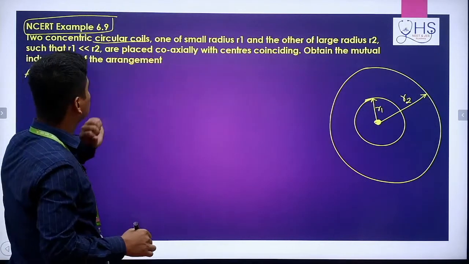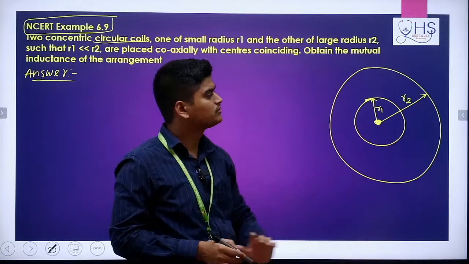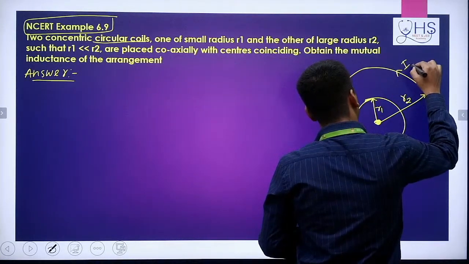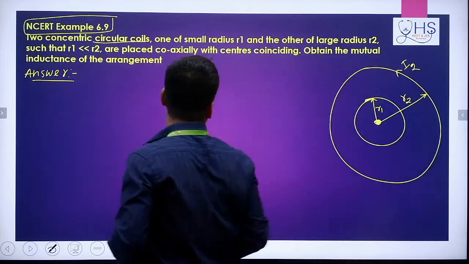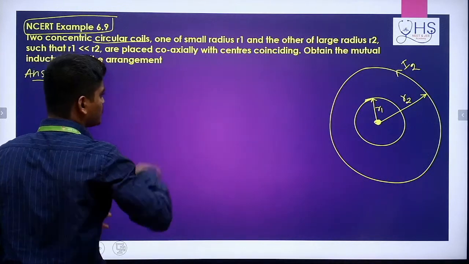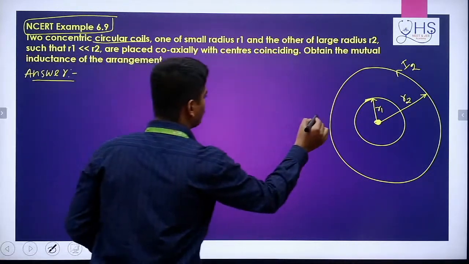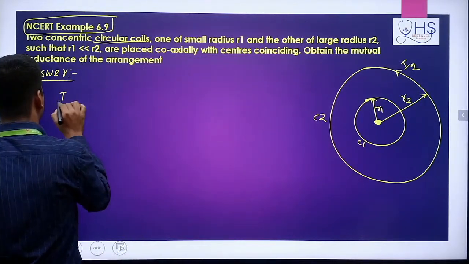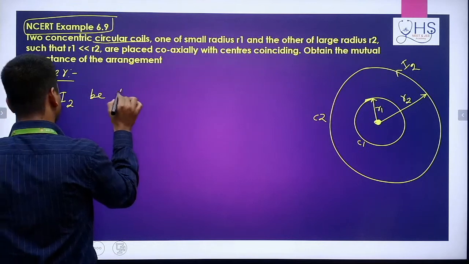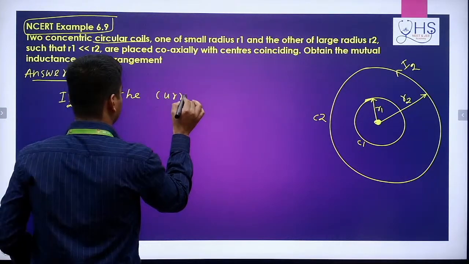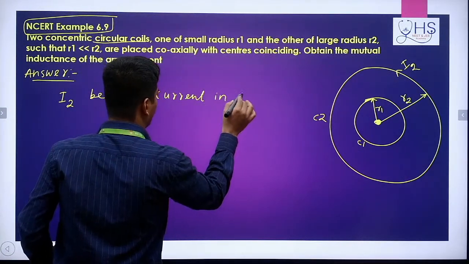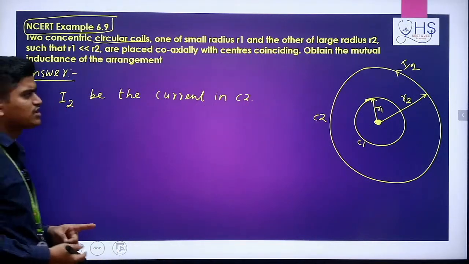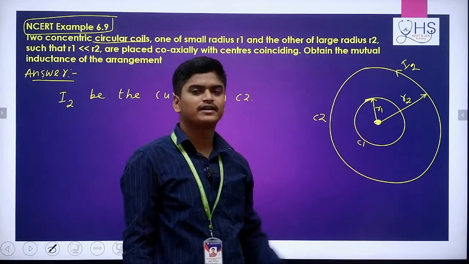Now here we need to find what? Now we need to find the mutual inductance of this arrangement. What is the mutual inductance? Now first you consider some current I2 in the second coil. So let I2 be the current in coil 2. Due to this current, there will be some magnetic field at the center.